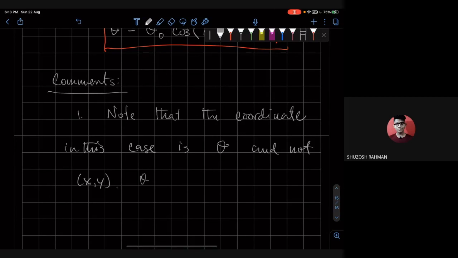So theta is known as a generalized coordinate. It can be anything, as long as it works. Theta is dimensionless in this case, because theta is an angle measured in radians, so it doesn't have any dimension. And then theta dot is called the generalized velocity.